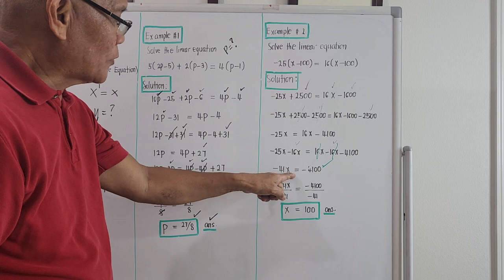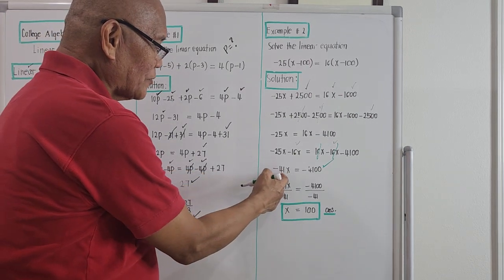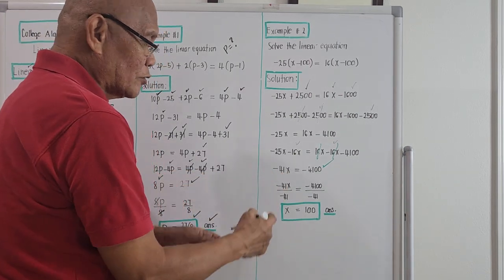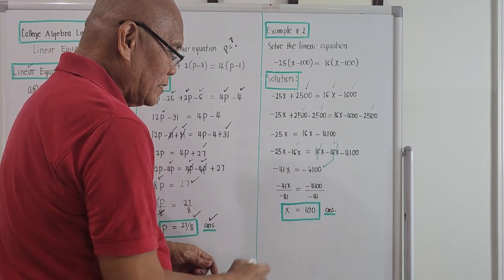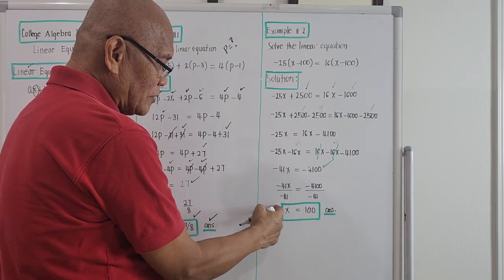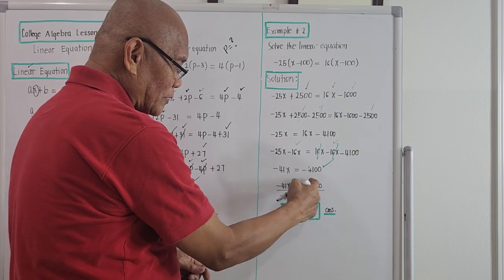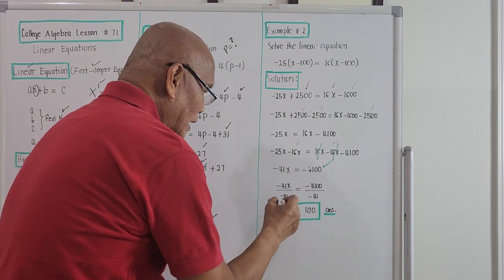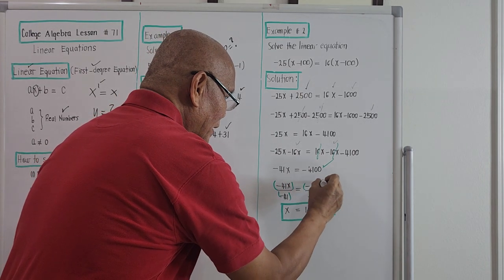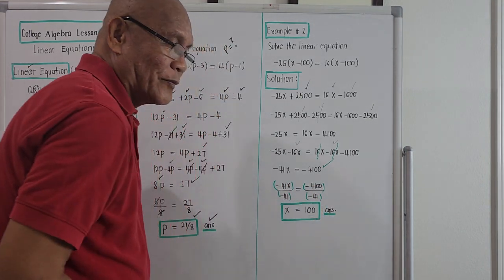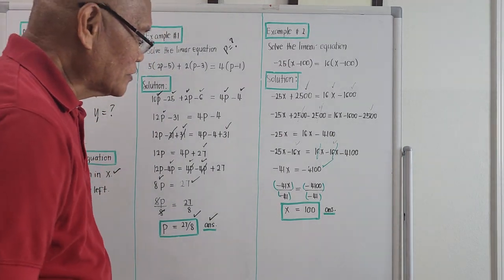To solve for x, we must eliminate this negative 41 here. So we will divide the left and right by negative 41. Negative 41x over negative 41 equal to negative 4100 over negative 41. Actually, there should be a quantity here. Okay. Because we'll try to make some cancellations.